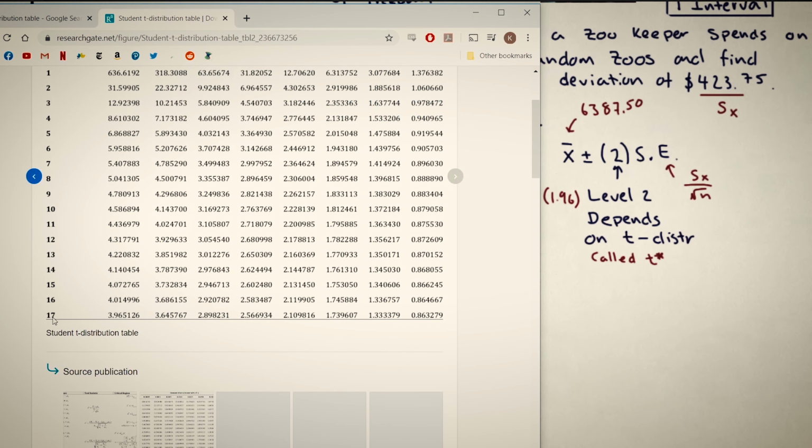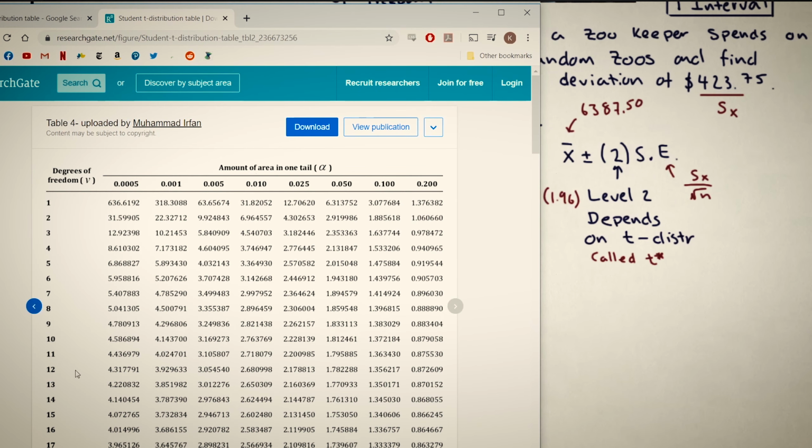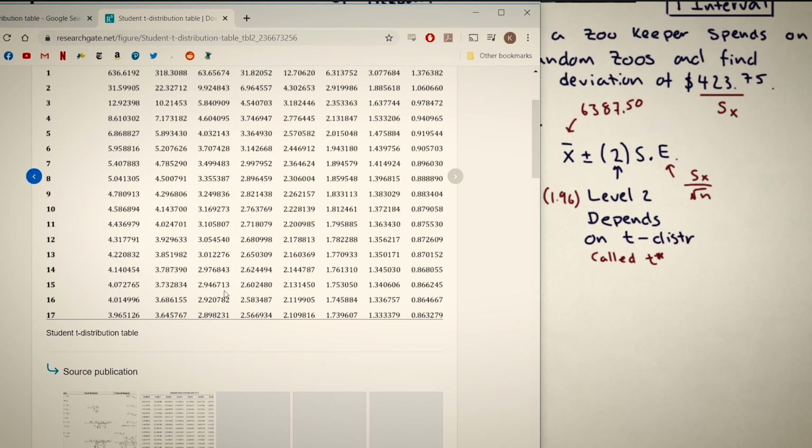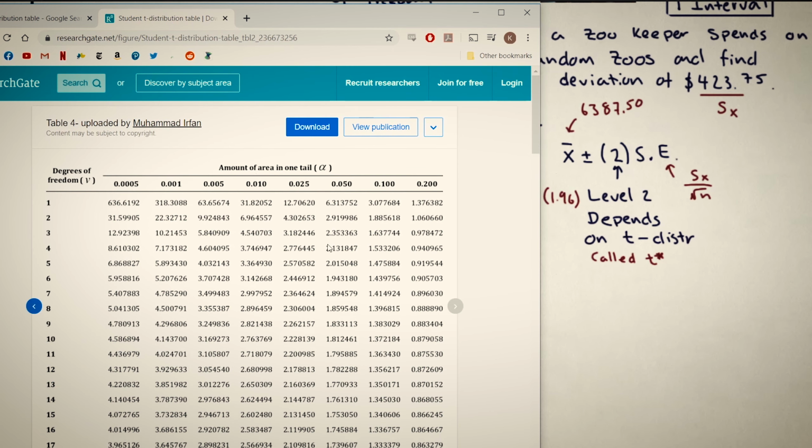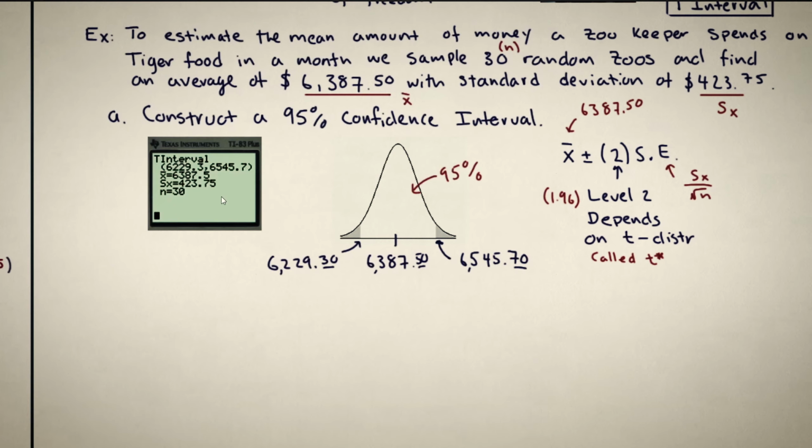See, it doesn't go down big enough. This only goes to a sample size or degrees of freedom. So this is a sample size of 18. The point I'm trying to make here is that it's just much better if we just use the computer so we can focus on the interpretation of these things.